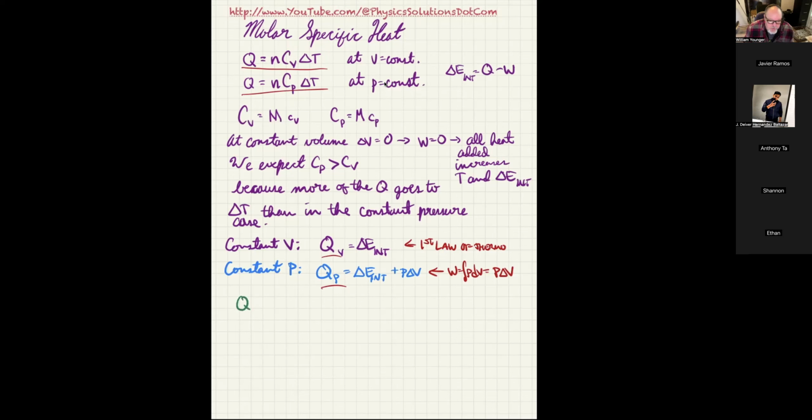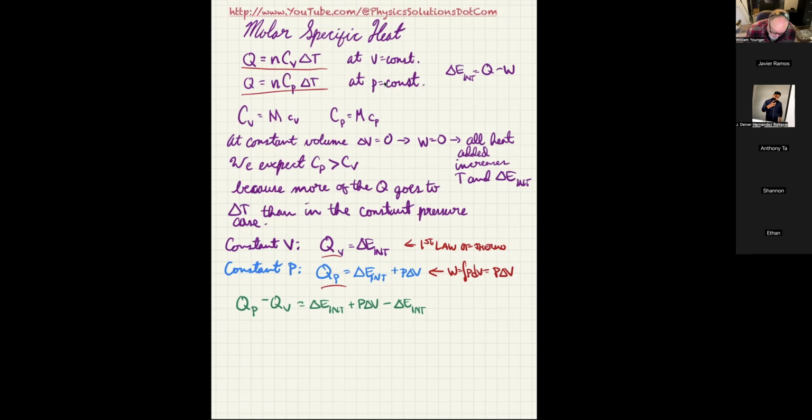Let's say QP minus QV. We expect that to be positive because the P generally takes more heat than the V does. But by saying this, we're going to say this is delta E internal plus P delta V, and then we're going to subtract from that delta E internal because that's what we got from plugging in the top two equations. So the purple equation for QV is plugged in here, and the blue equation for QP is plugged in here.